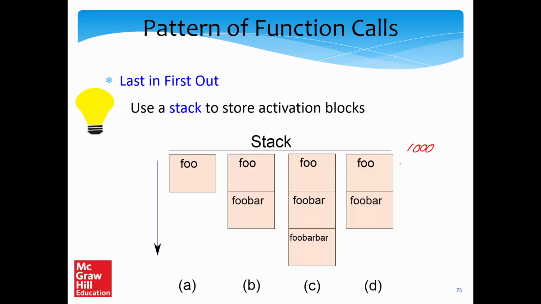Let's assume that the size of the activation block of foo is 100, foo bar is 100, and foo bar bar is 100. So the first 100 bytes can be consumed by the activation block of foo, the next 100 by foo bar, and the next 100 by foo bar bar.